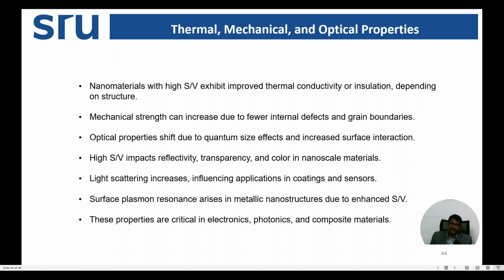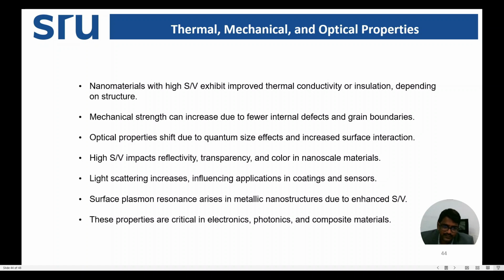Only these metallic nanoparticles show this type of surface plasmon resonance heavily. Because of this surface plasmon resonance, it can capture more sunlight, so it can have heavy absorption.